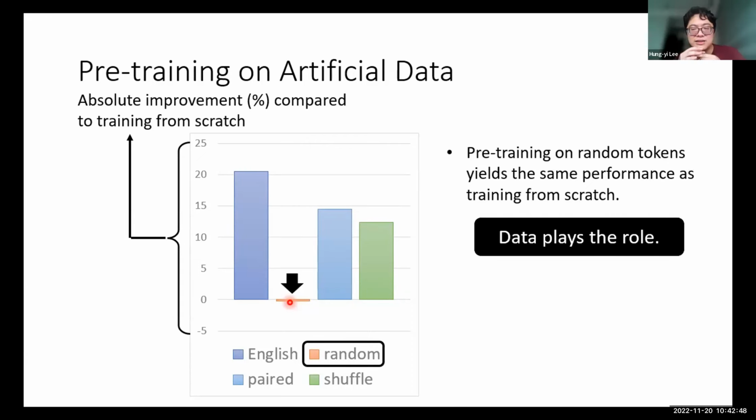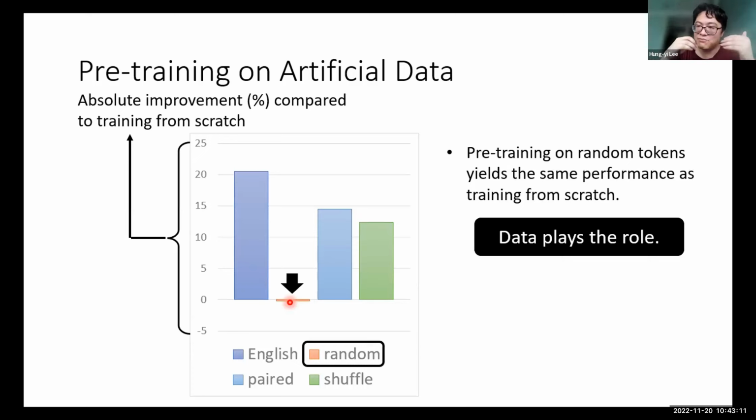It showed us data plays a role, because I had wondered, probably the data does not play a role in why pre-training is successful, and so cross-discipline is possible. But the experiment results showed us data plays a role.